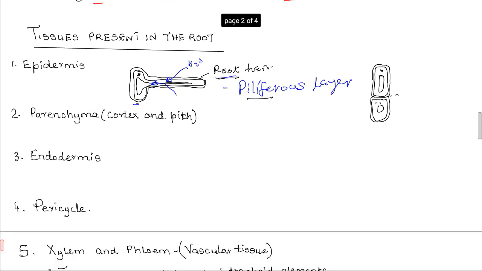Then in the root, you also have parenchyma cells. Now, parenchyma cells consist of thin-walled cells that also have relatively large vacuoles, and these cells play the role of packing and filling spaces between other tissues within the root.